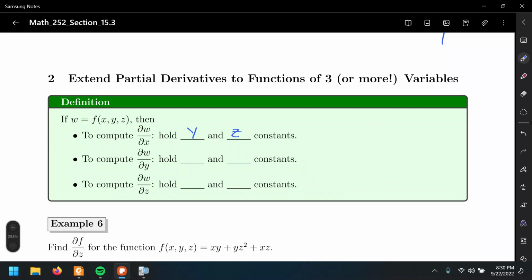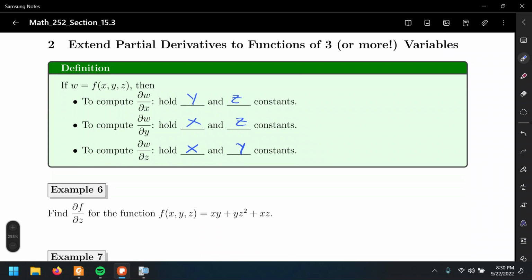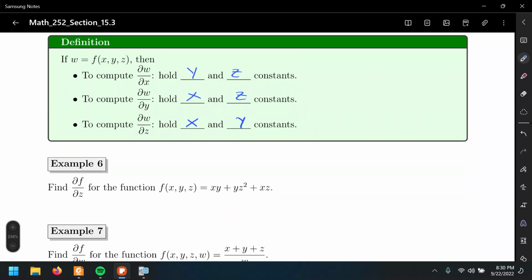For the partial derivative with respect to y, we hold x and z constant. And for the partial derivative with respect to z, we hold x and y constant. And we differentiate using the same differentiation rules.